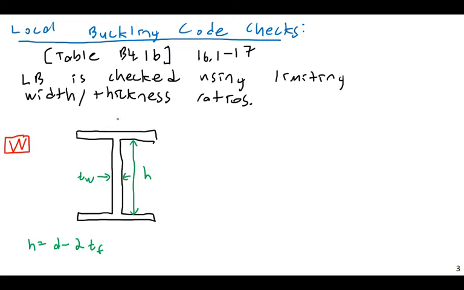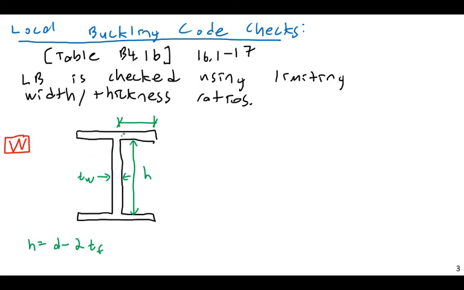So that's the width of my limiting element, and this is the length of my critical element there. When I'm checking the web plate, this is going to be my plate width, and this is going to be my plate thickness.